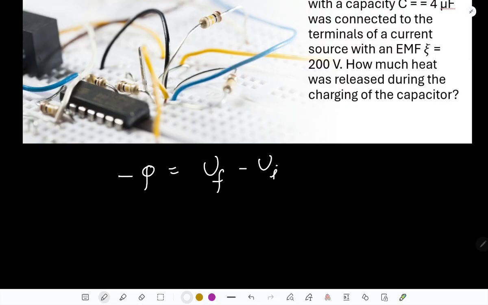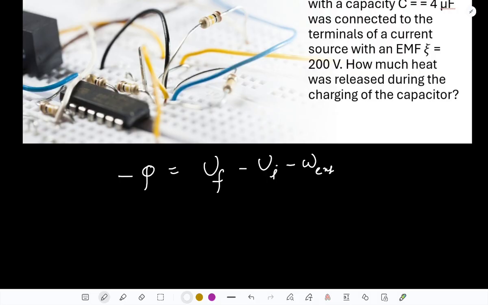But we have the work done on the system, and that should be written with a minus sign. I would like to remind you that I'm considering the voltage source, the battery, as an external agent, part of the surroundings. So I have written here work done by external forces.